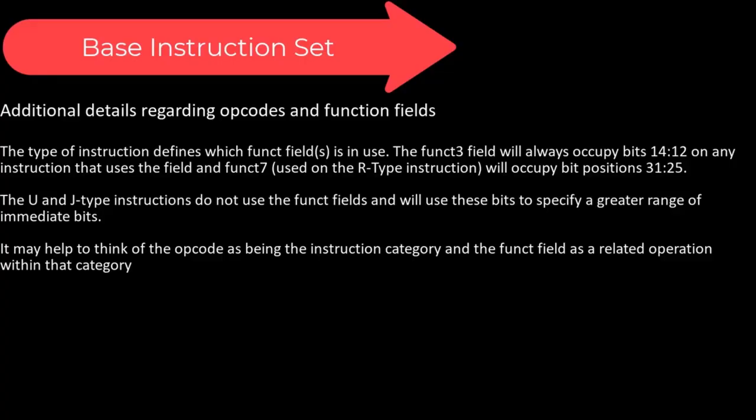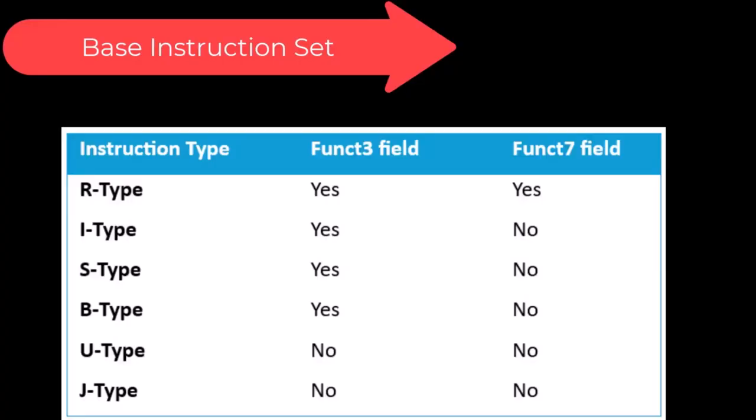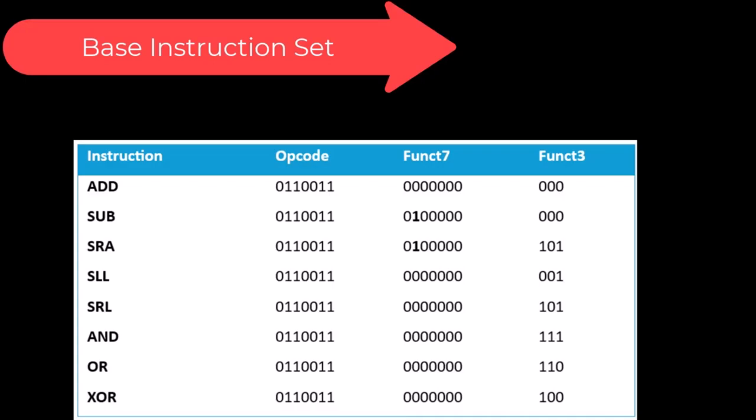Think of the opcode as being the instruction category, and the funct field as a related operation within that category. The table shows which of the funct fields are used with each instruction type. This table shows how some arithmetic, logic R-type instructions are defined.